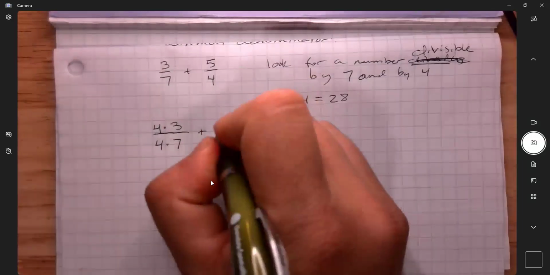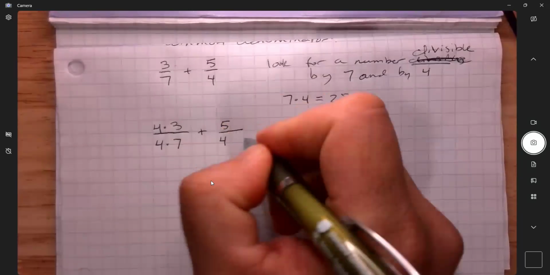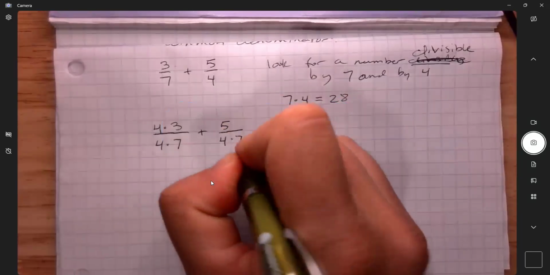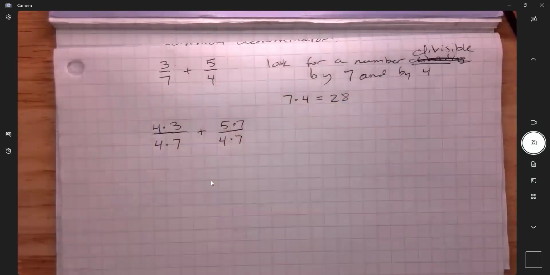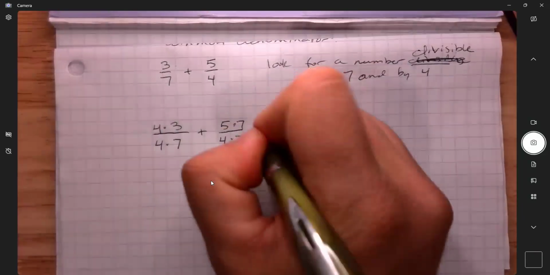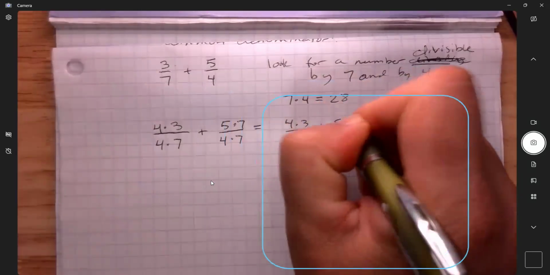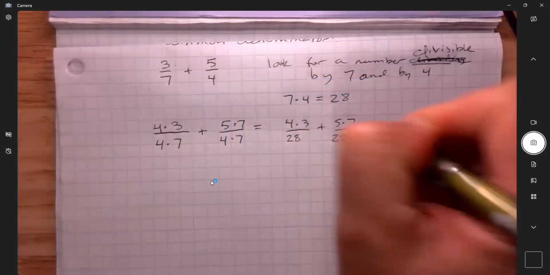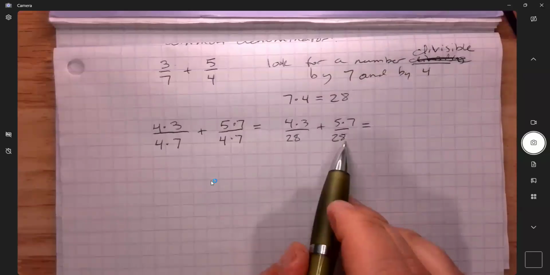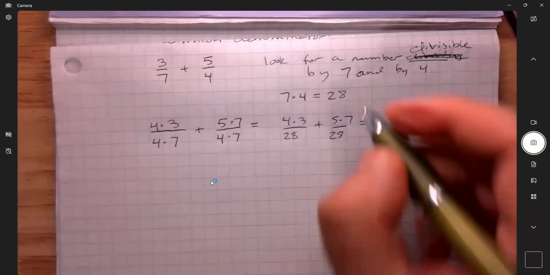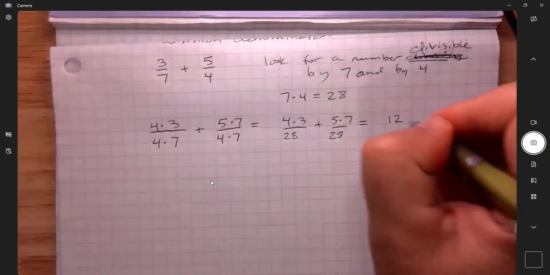And over here with the 5/4, if I want to make the denominator into 28, I have to multiply by 7. I have to do it on the top and the bottom so I don't change things. And now I have the same denominator, so I'm working with the same fraction.